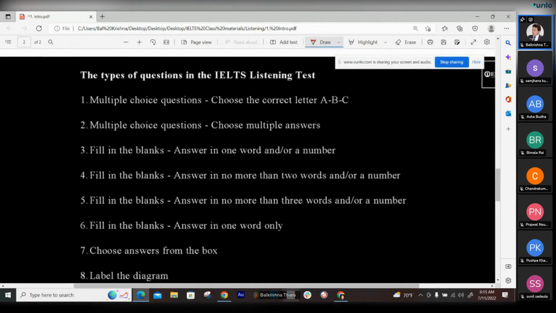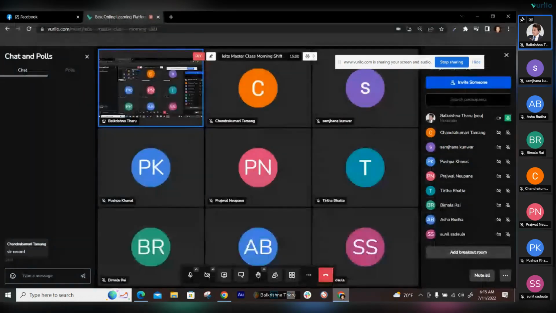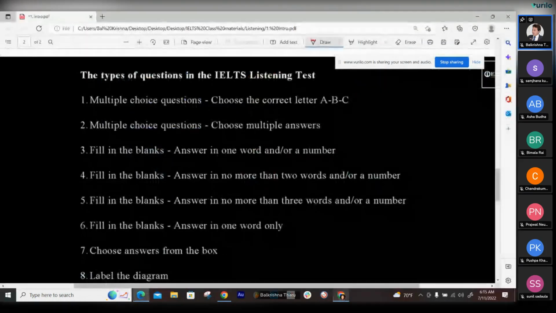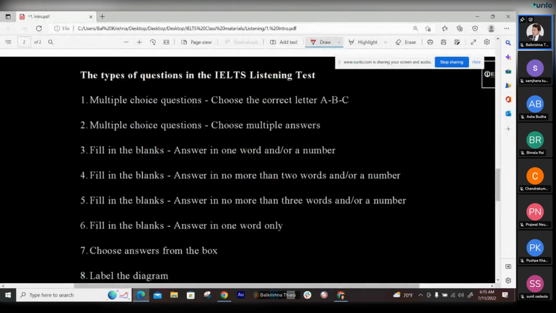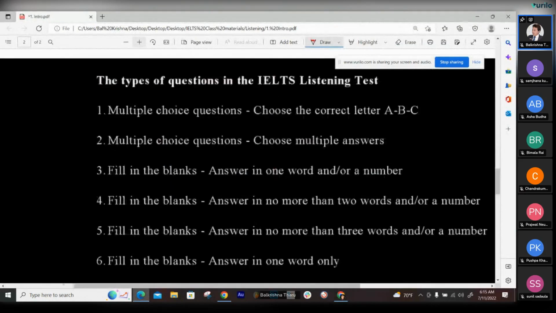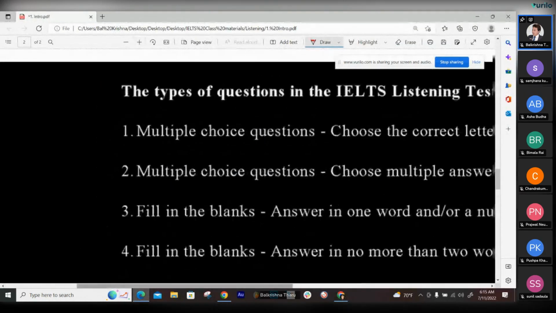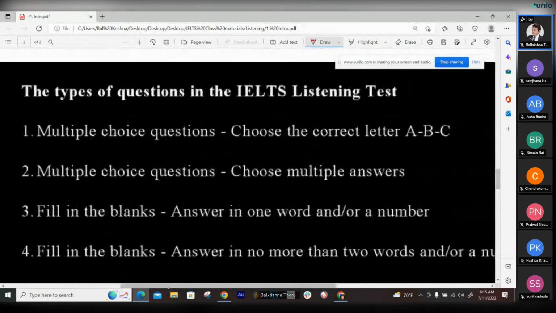Now, my beautiful friends, let's talk about the types of questions in IELTS listening. 1. Multiple choice questions. Choose the correct letter A, B, or C. 2.